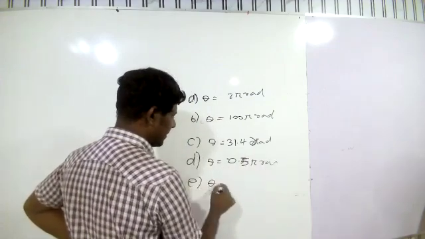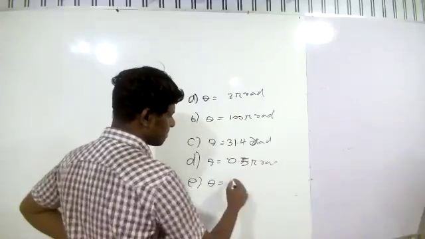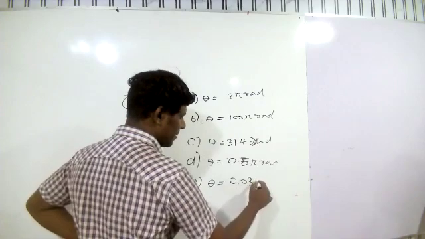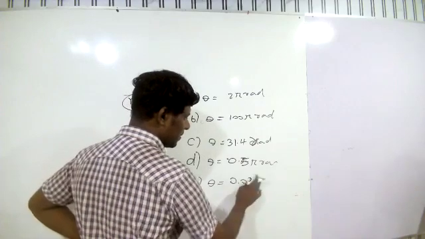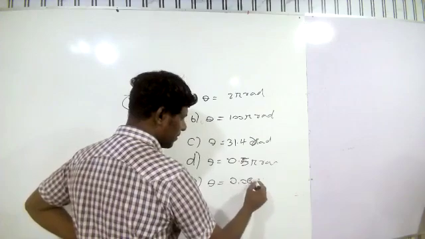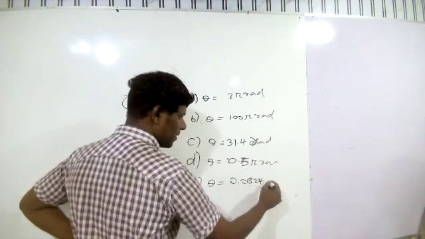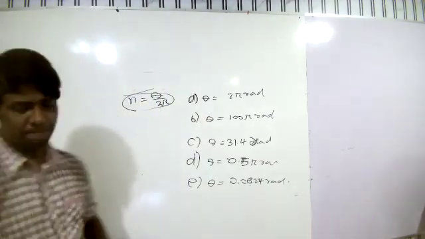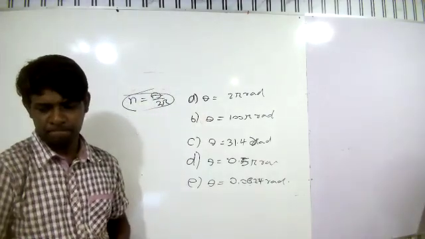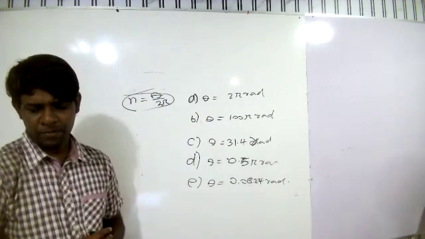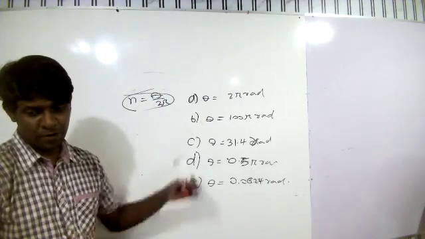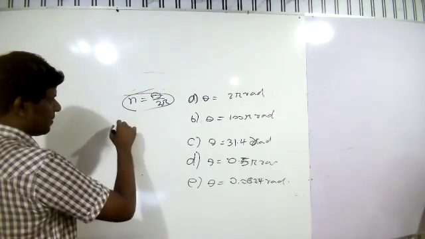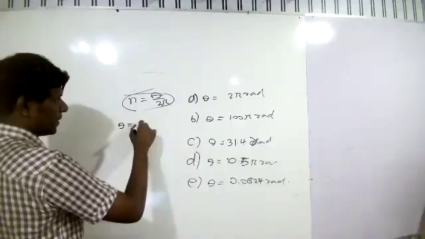Theta equals to 0.01, 0.0314. Then 0.0624 radian. Okay? Do you understand? Do it. I will do an example for theta equals to 20 pi.